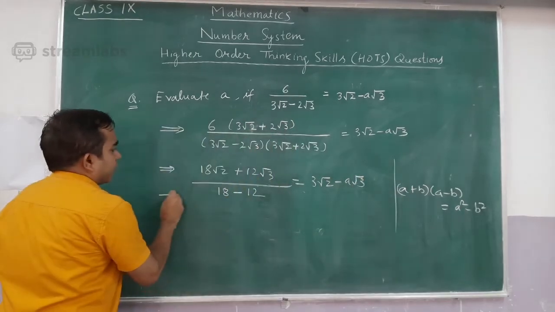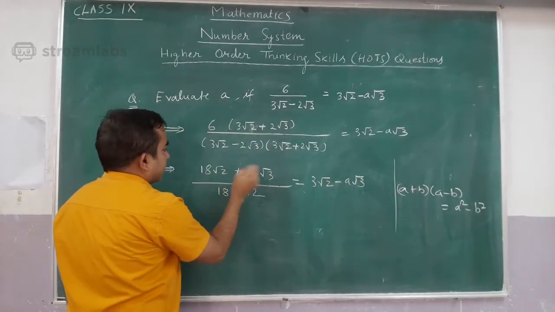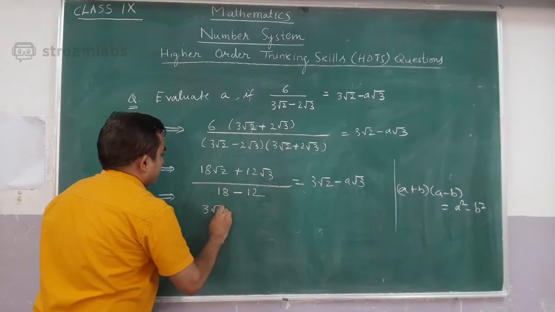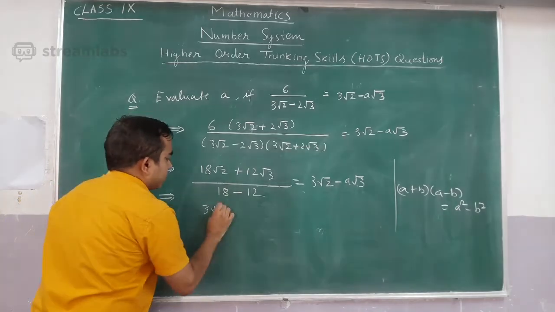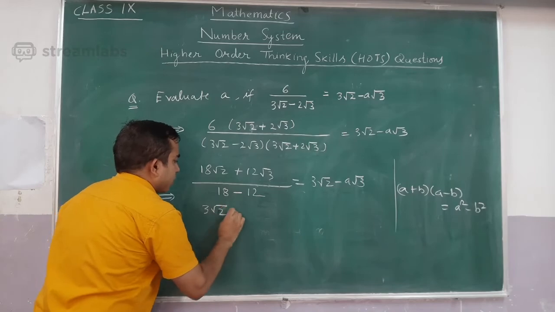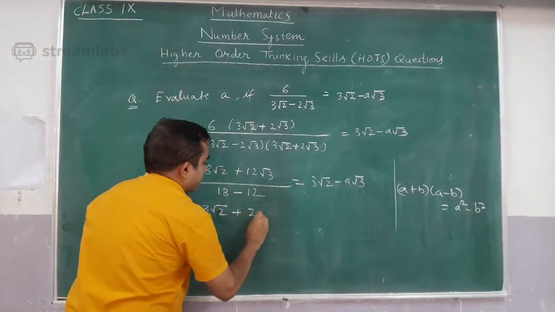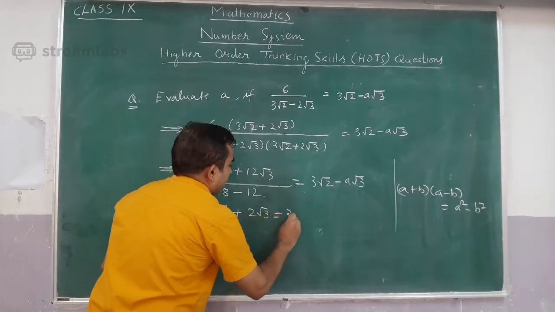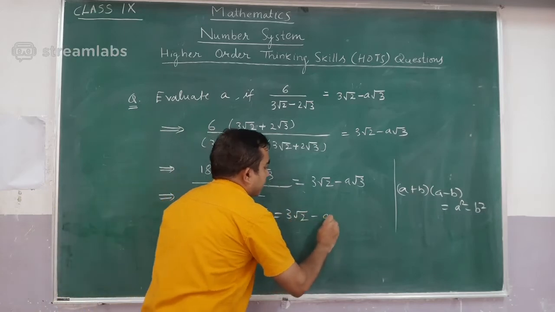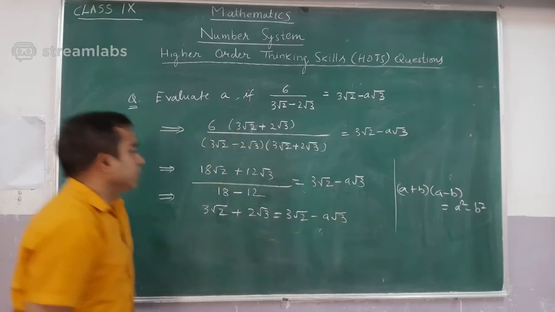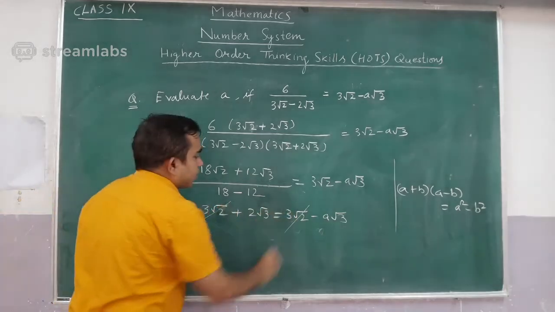Simplify. 18 minus 12 is 6. 6 threes are 18 root 2 plus 6 root 3. And now easily you can compare that this is equal to what? 3 root 2 is the same, delete.